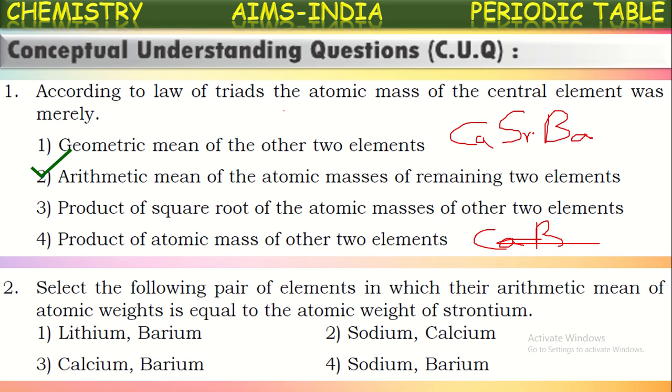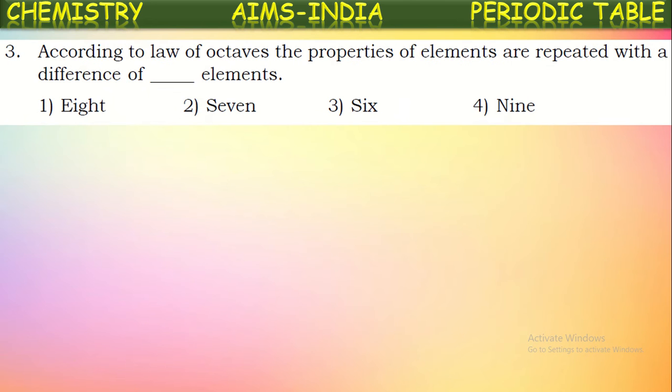Now the atomic mass of strontium will be equal to the arithmetic mean of the atomic masses of calcium and barium, according to the law of triads. Where is it? Here. Okay, next one.